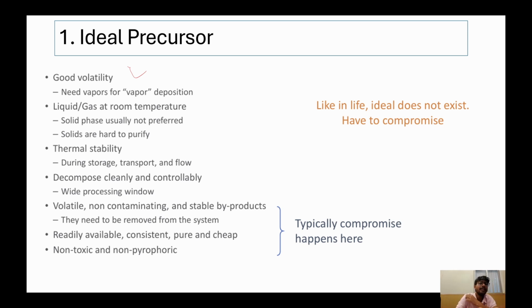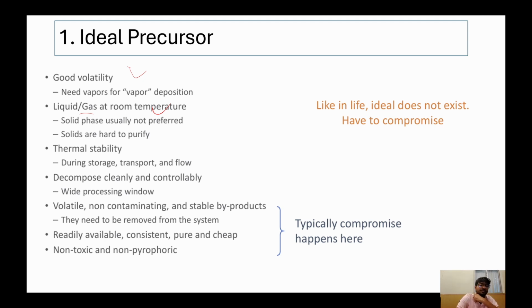Okay, liquid or gas at room temperature. It should be liquid or gaseous. If it is gaseous, then we can directly open it without a carrier gas. Otherwise, if it is liquid, then you have to bubble nitrogen or argon through that to carry the vapors to the wafers.